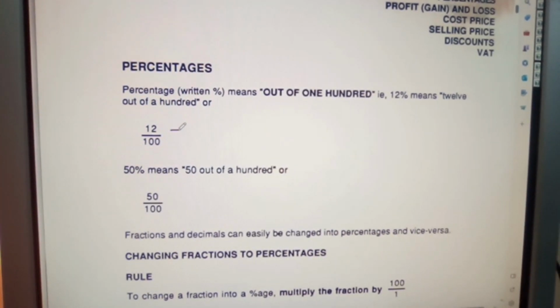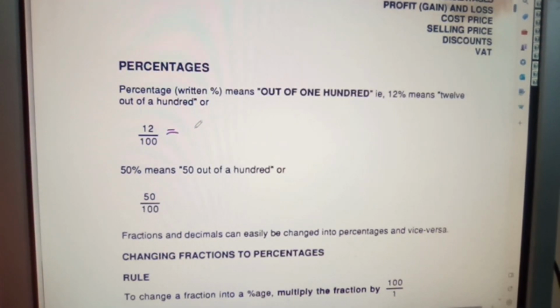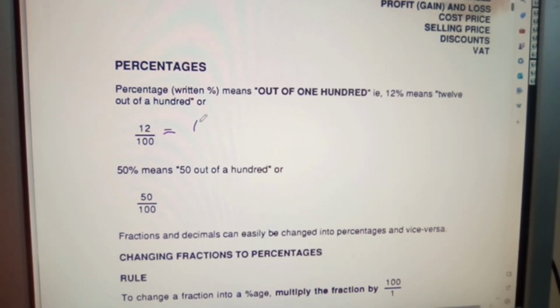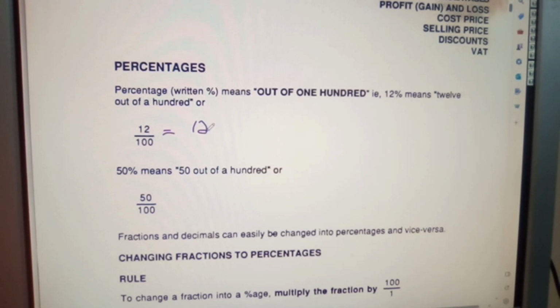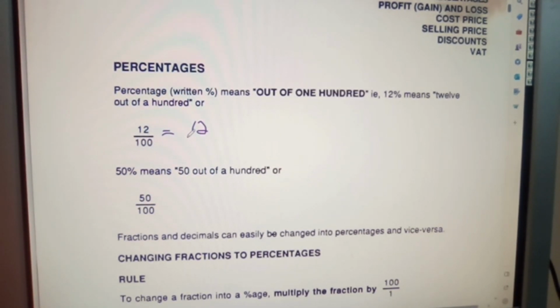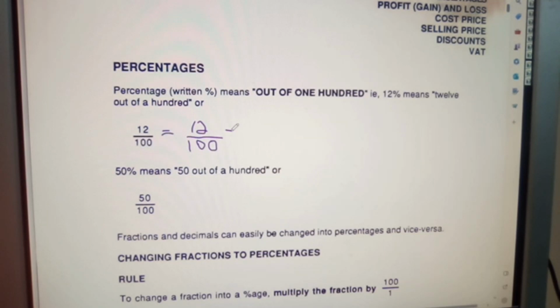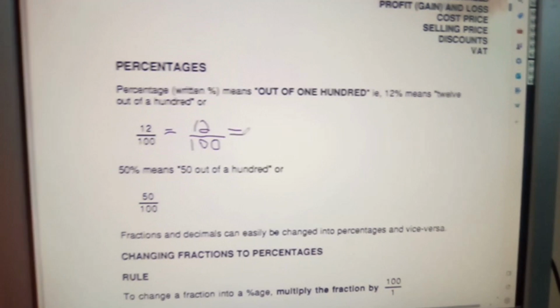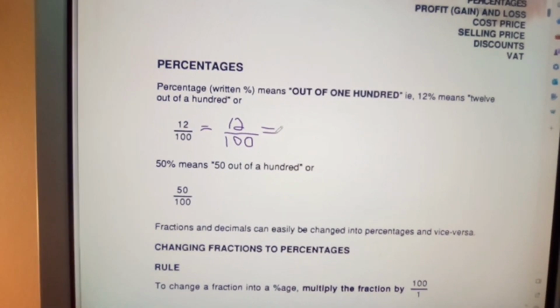Okay, so if we then say that's equal to 12 over 100 equals, now what is 12 divided by 100?